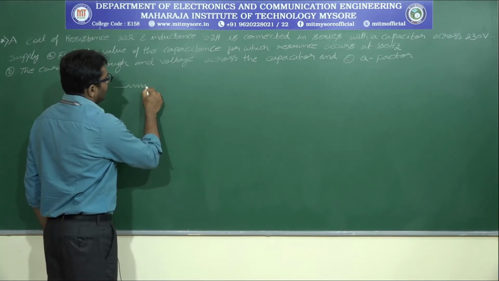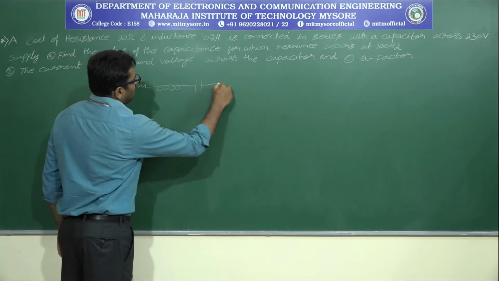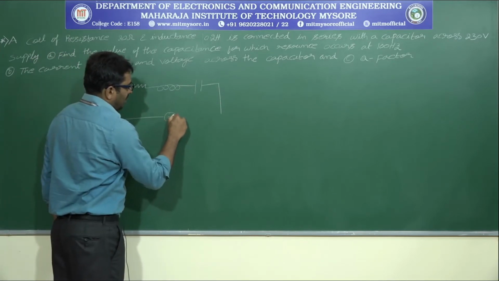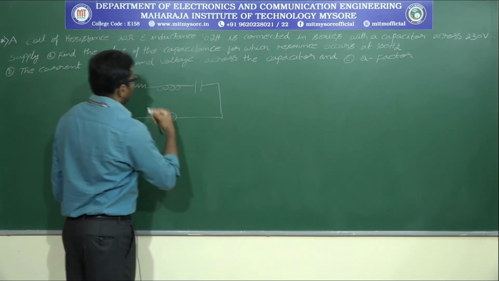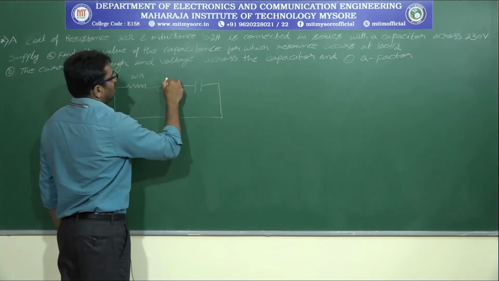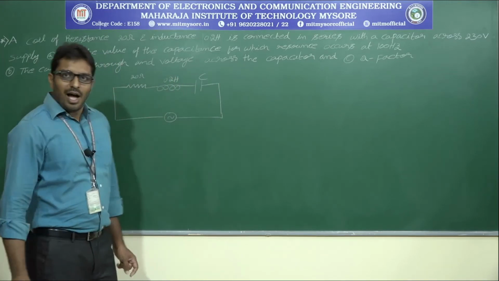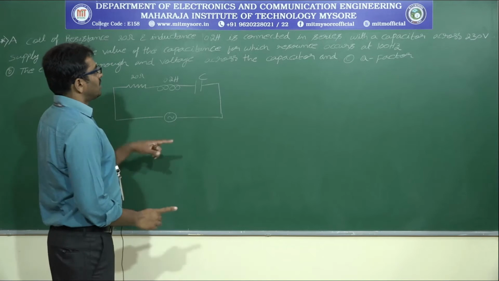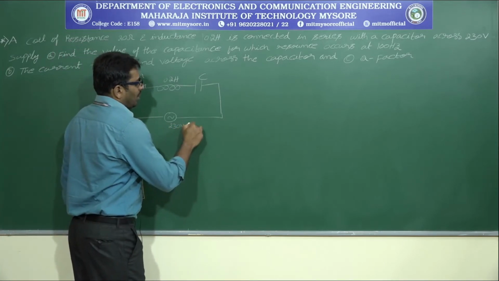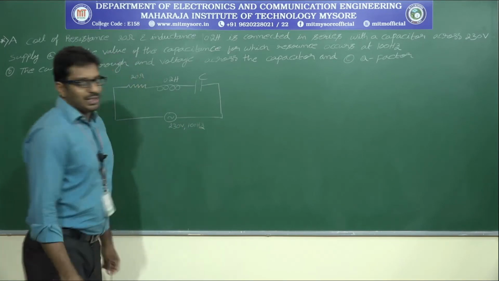A coil of resistance and inductance are connected in series, and a capacitor is also connected in series with this combination. What is the resistance value? 20 ohm. Inductance value 0.2 Henry. Capacitance value is not given, unknown value. Across a supply of 230 volts, frequency 100 Hertz. Is it clear?